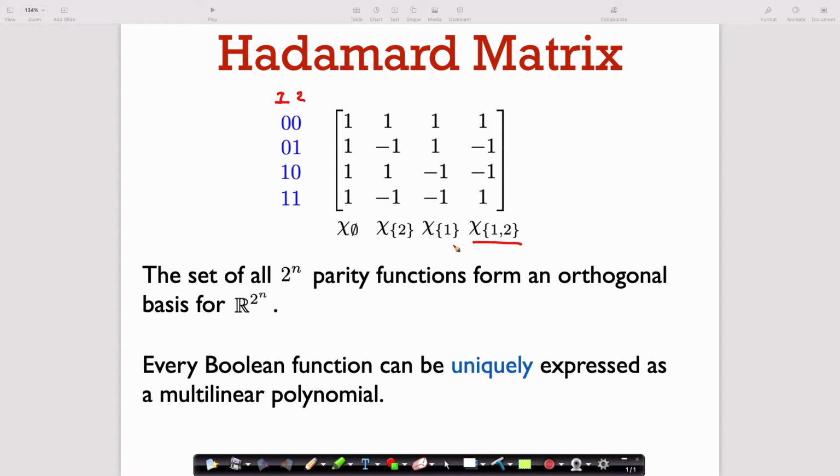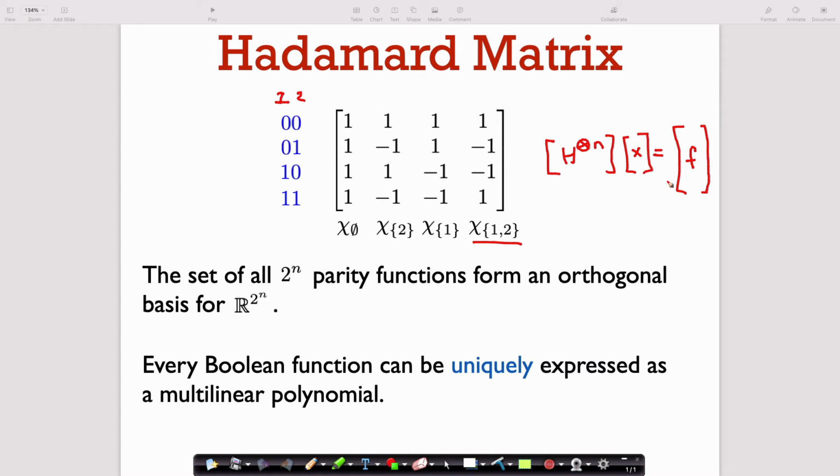So no matter what right-hand side we have, we have some Hadamard matrix here, and we want to express some target function f as a linear combination of the columns of this matrix.